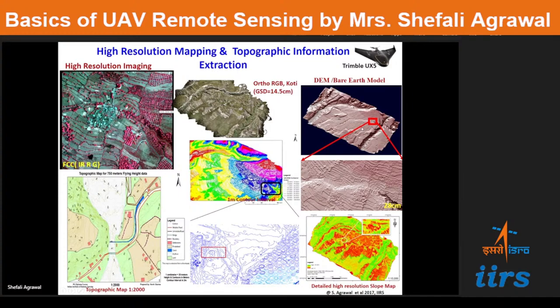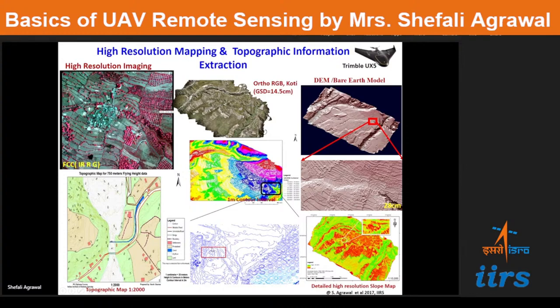So this is a bare earth topography in which this is a fault which can be clearly visualized, which was not directly visible on the images with the surface features over it. So bare earth topography could be extracted.